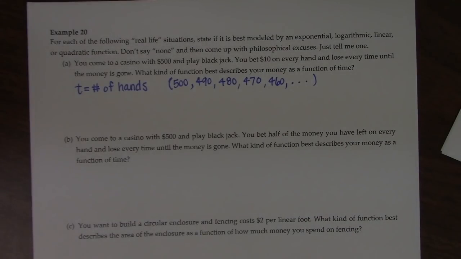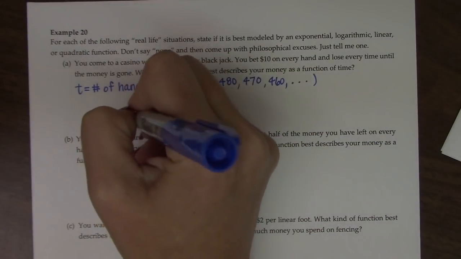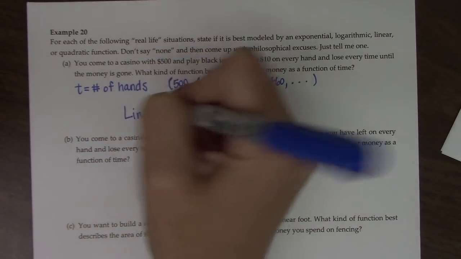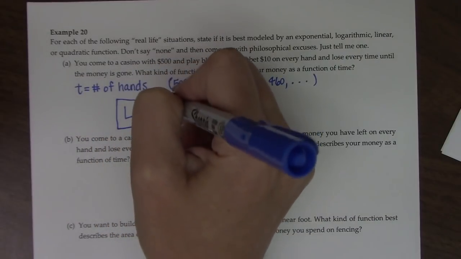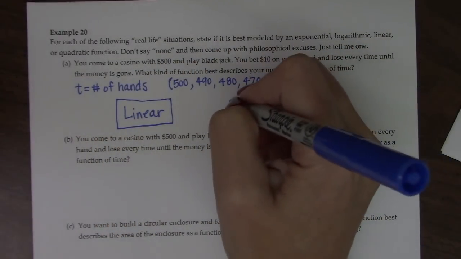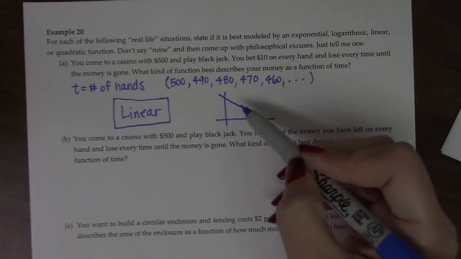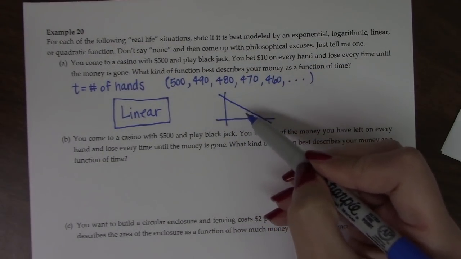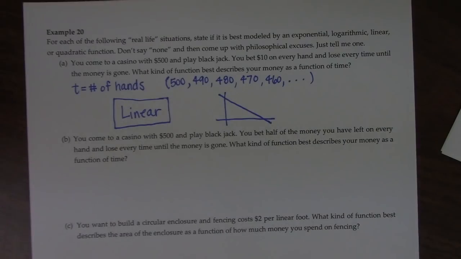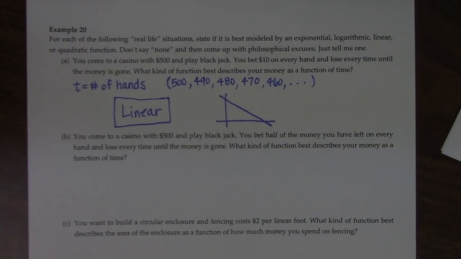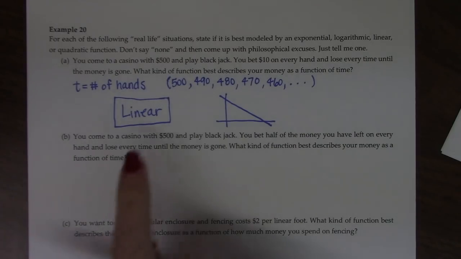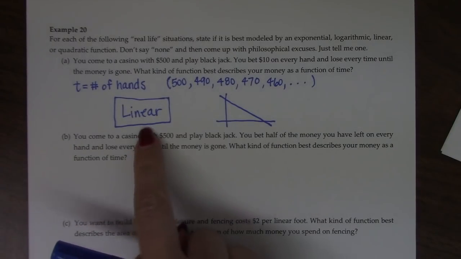So hopefully this looks like a linear relationship to you, because lines. If we actually wanted to graph this, we would see this happening. We start with 500 and then we're dropping by 10 every hand we play. So this represents a linear relationship. You're losing the exact same amount every single time. But all you would be required to put on this question is linear.